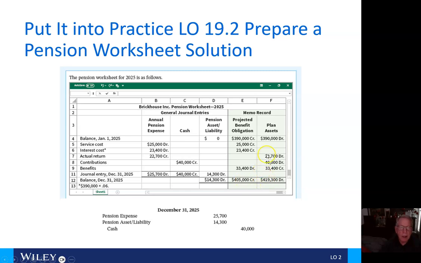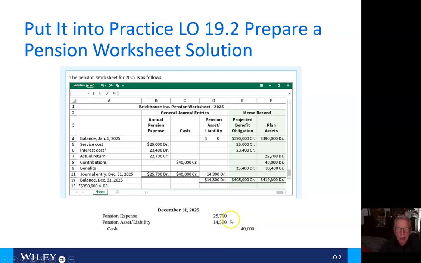All right. And then if we look in the memos, we have the projected benefit obligation here of $405,000 and the plan assets here of $419,300. So this is good news in a way.